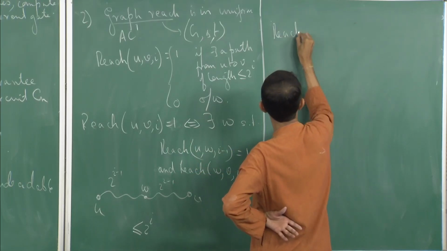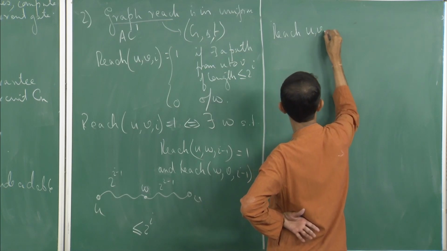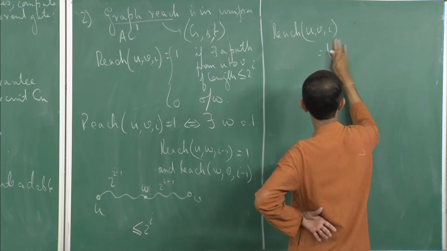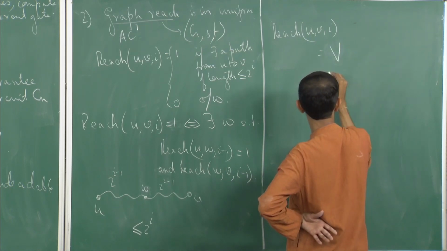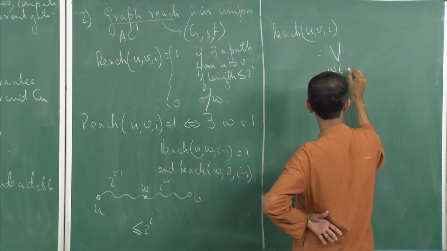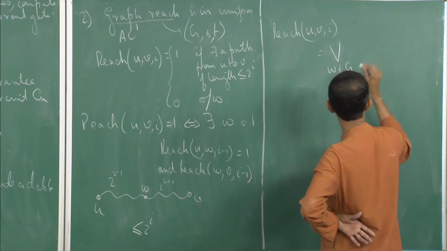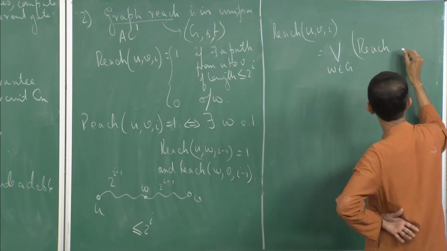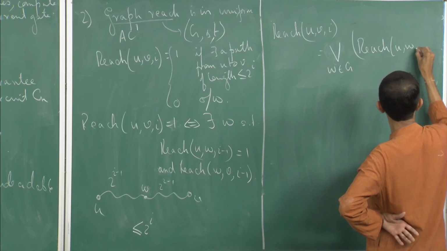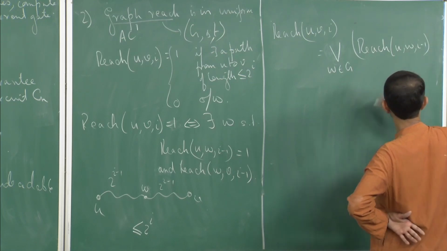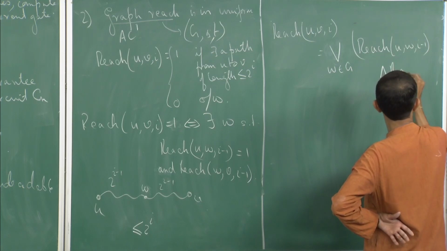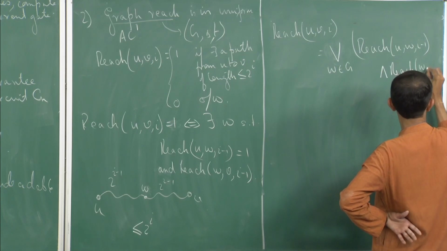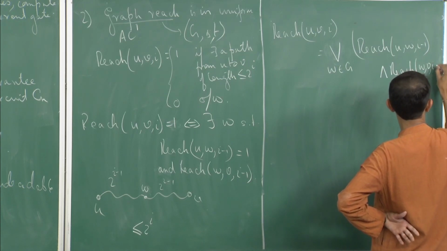So reach(U, V, I) is equal to an OR over all W in G of reach(U, W, I minus 1) and reach(W, V, I minus 1).